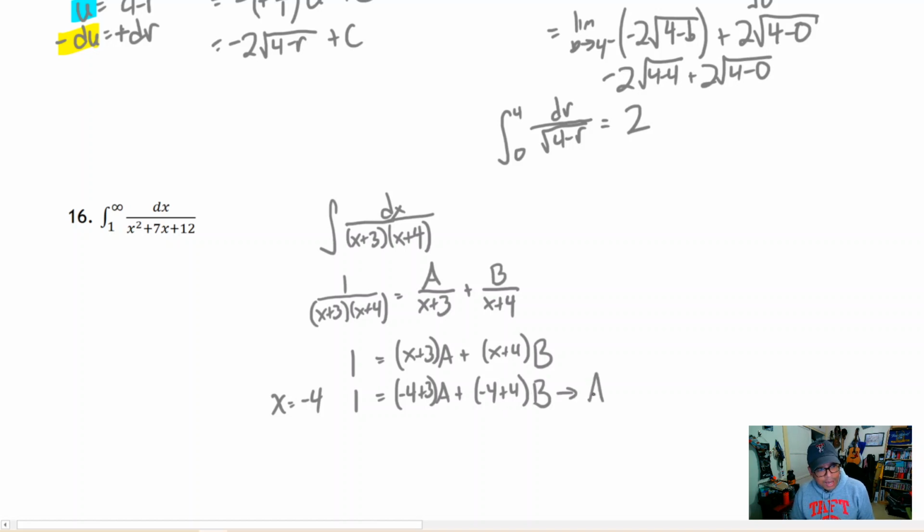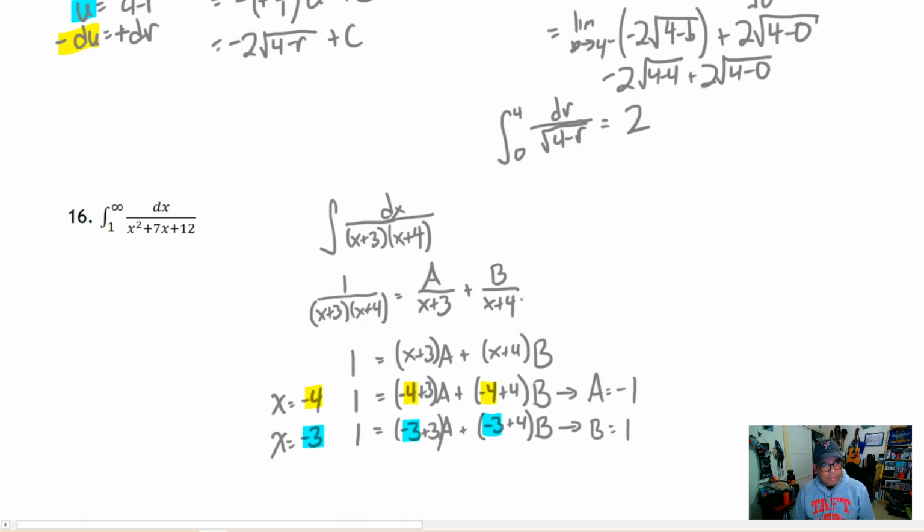And that tells me that a is going to be equal to negative 1. Our next convenient value is x equals negative 3. And when I substitute, I get 1 equals a times negative 3 plus 4, plus b times negative 3 plus 3. And that tells me that b is equal to positive 1.